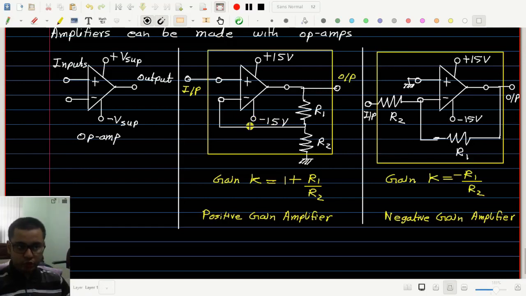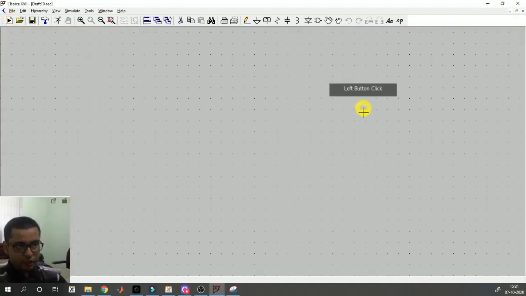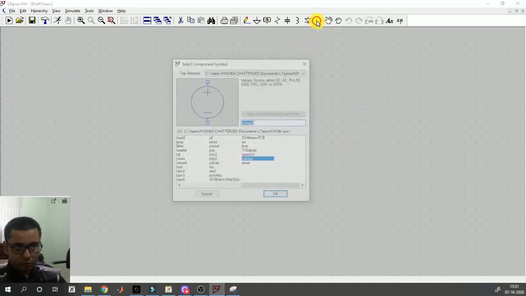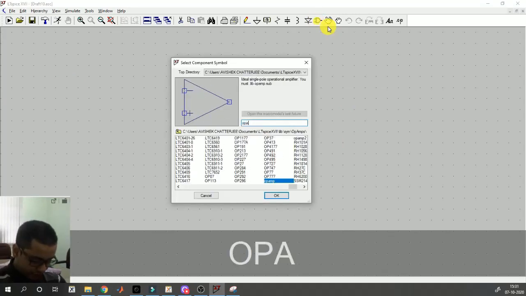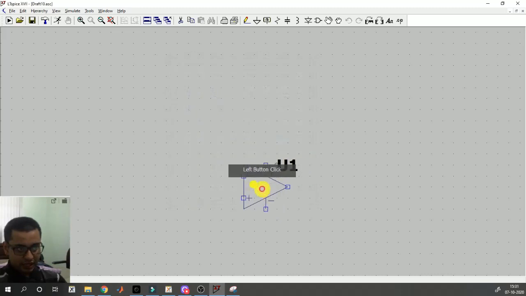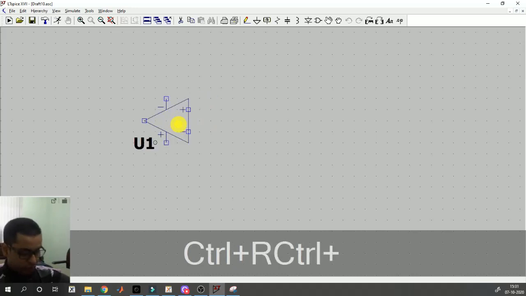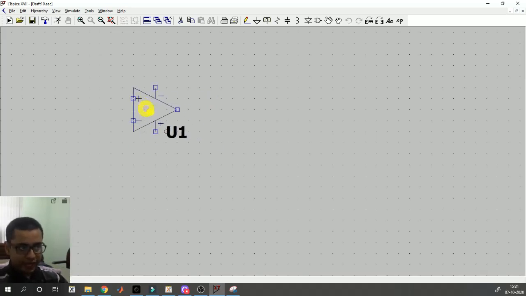I will show you how these two amplifiers work using a simulator, LTSpice. This is LTSpice. I will open a new file and then go to components and search for op amp, and then select this last one, universal op amp 2, and I will place it. Before that, I can rotate or mirror it the way I like, and I will put it here.